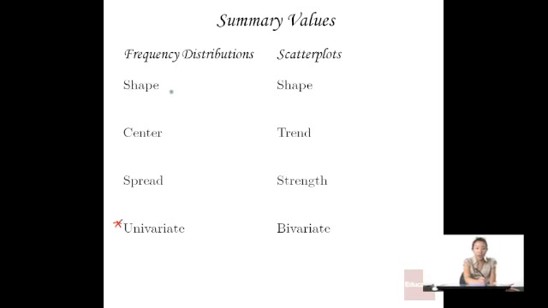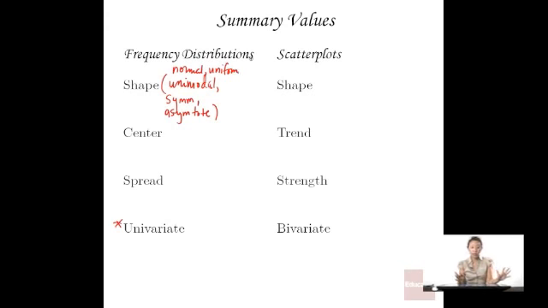So when we talked about shape, we talked about things like unimodal, is it symmetric, does it asymptote? Those are the features that we were looking for. Is it sort of normal? Is it uniform? Those were sort of buzzwords when we talked about shape in frequency distributions.